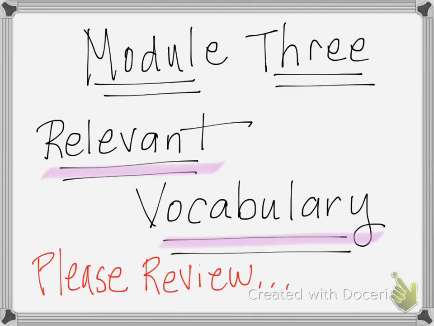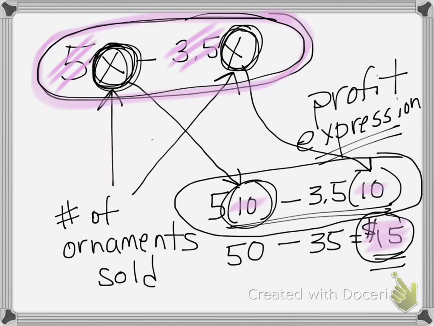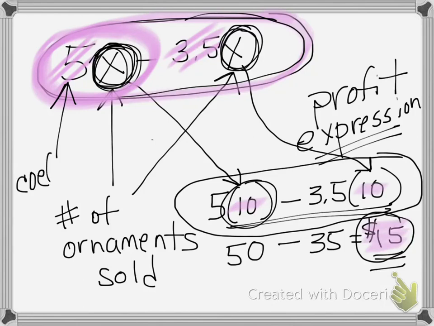So if we go back and look here at 5x, this 5 is the coefficient of the variable. A coefficient exists before a variable.